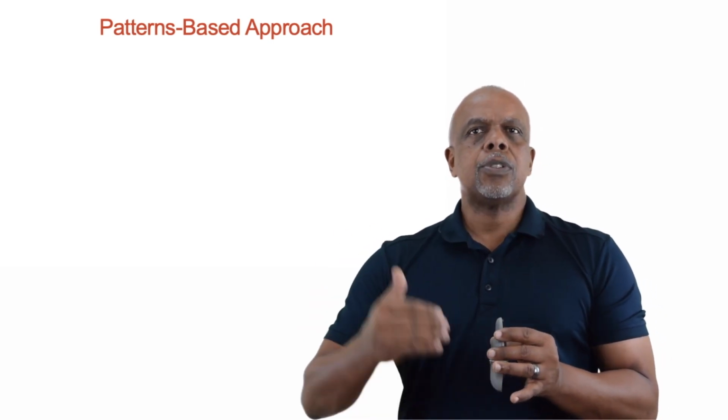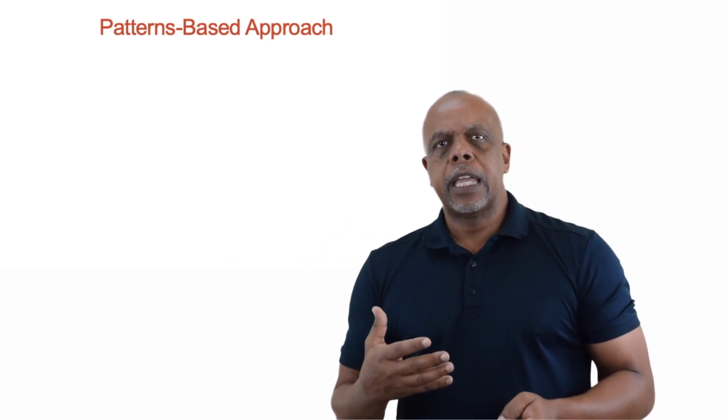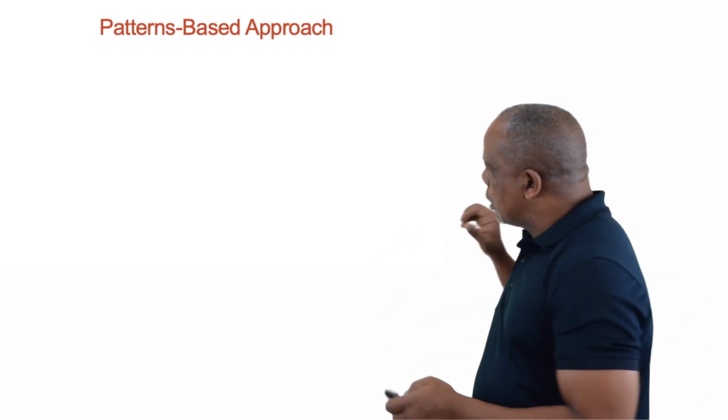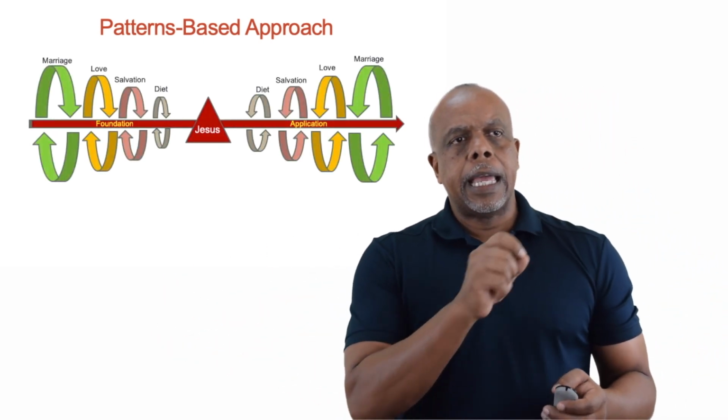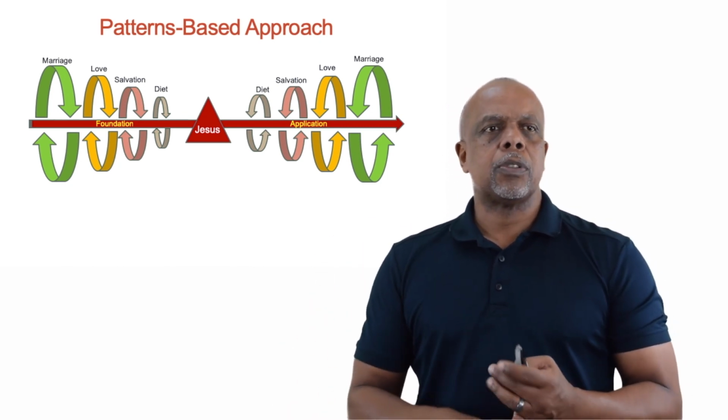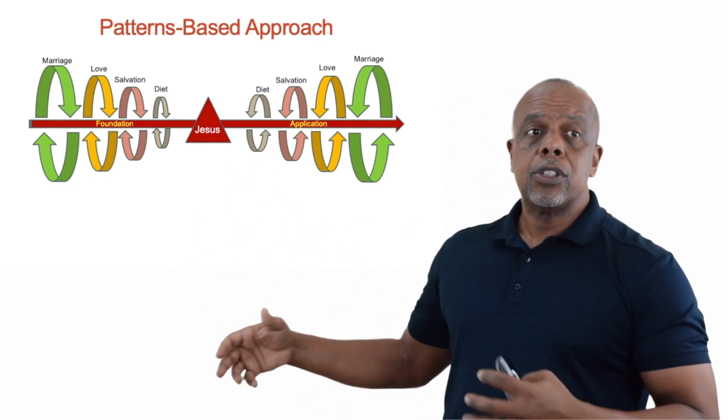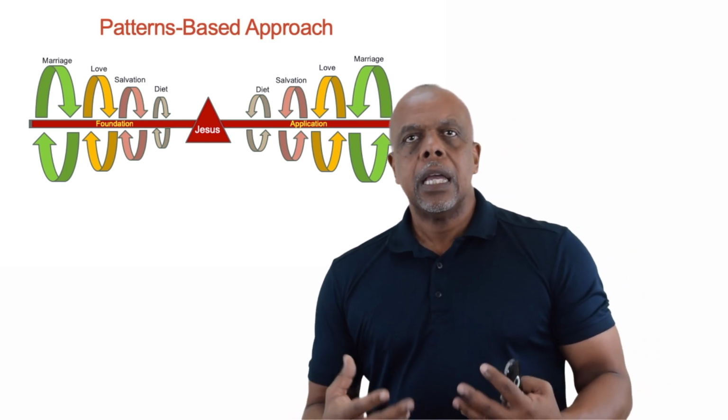So there are patterns throughout the Bible. And I love taking that approach, because when we look from this pattern perspective, we can take any concept, whether it's marriage or love, salvation, even down to food, diet, what we eat.